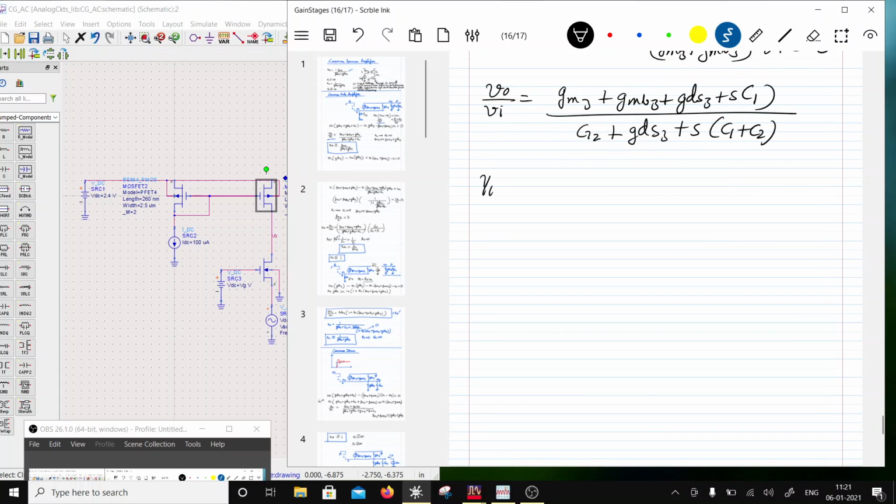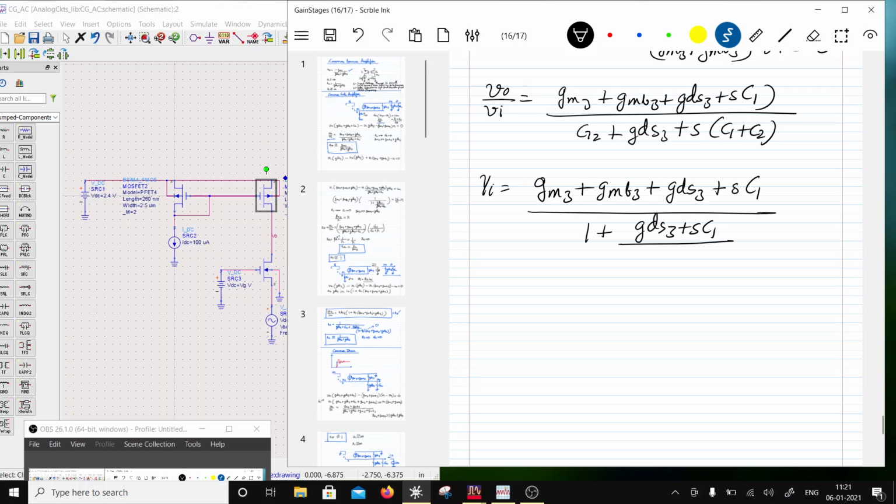And YI would be equal to, okay, so YI would be equal to GM3 plus GMB3 plus GDS3 plus SC1 divided by 1 plus GDS3, and SC1 is additional here, divided by G2 plus G2 plus SC2, right, and GL I'm assuming 0.